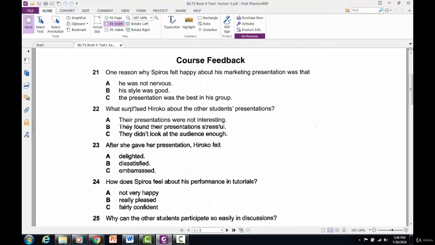Surprise, that's key. Surprised him about presentations. That's what I would have circled. All right, 23, I would circle after presentation, Hiroko felt. That's what I'm listening for. I'm listening for the synonyms of that keyword language, and then my answer choice.